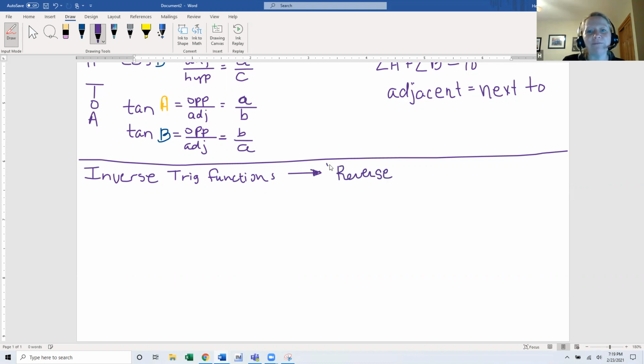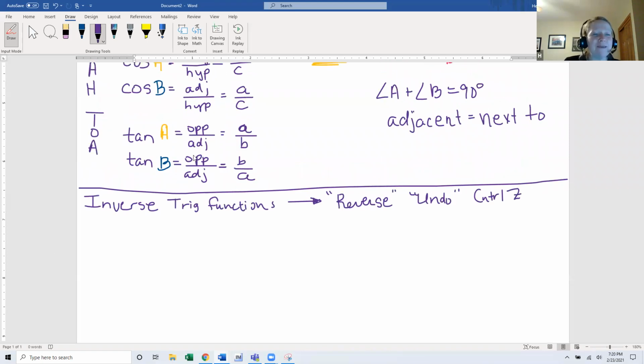This is how we reverse the trig functions, or undo. Another way to think about it is the undo button. How do we hit the undo button? Control Z. Yeah, there you go. Control Z. This is Control Z for trig.